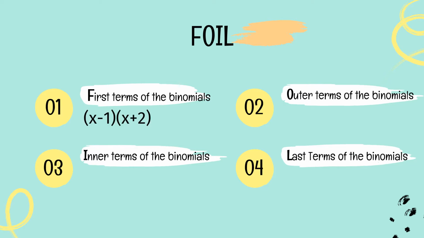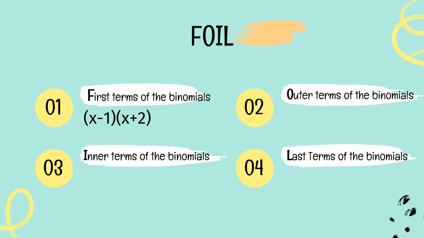For example, let us have this one: the quantity of x minus 1 times the quantity of x plus 2. Let us identify the first terms of the binomials.